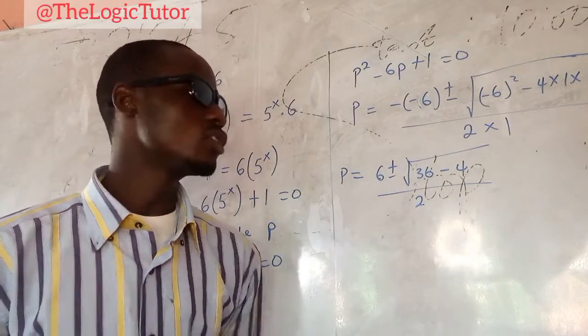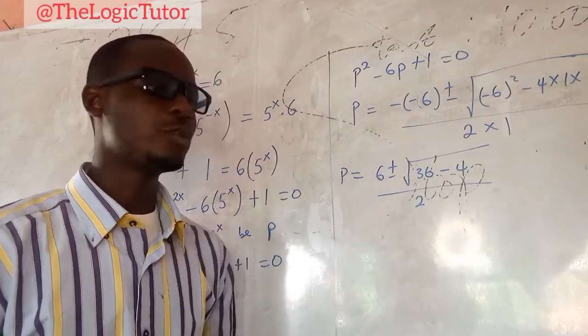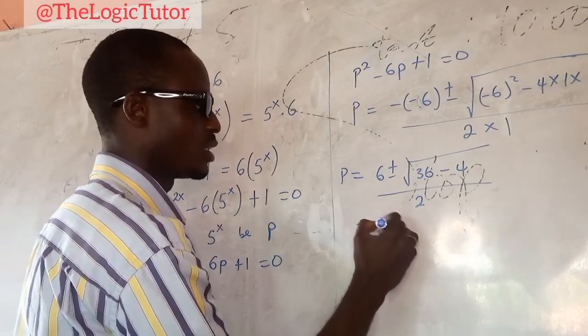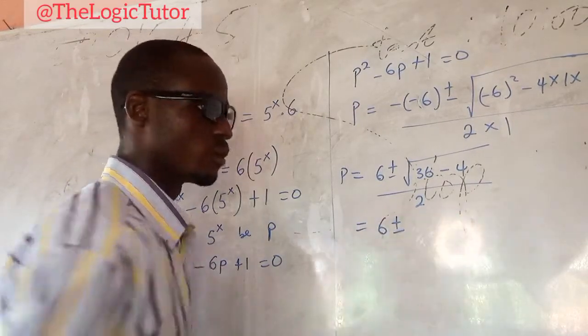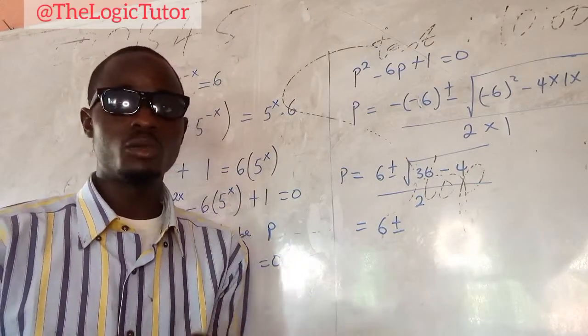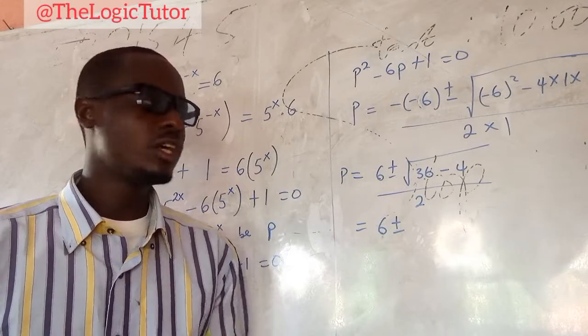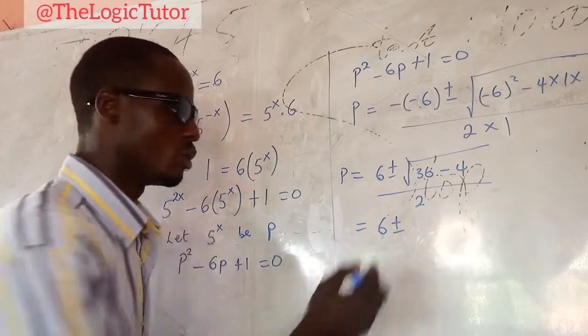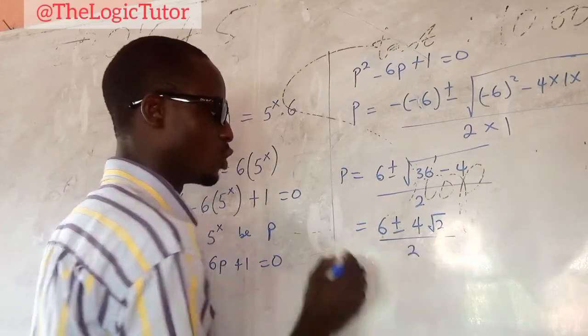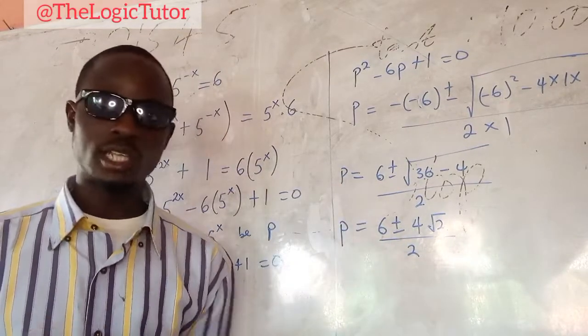Good. 36 minus 4 gives us 32, which we can simplify. I'm going to have 6 plus or minus square root of 32, and 32 is 16 times 2, so that is 4 root 2. So I have 4 root 2 here over 2. So this is the solution for p.